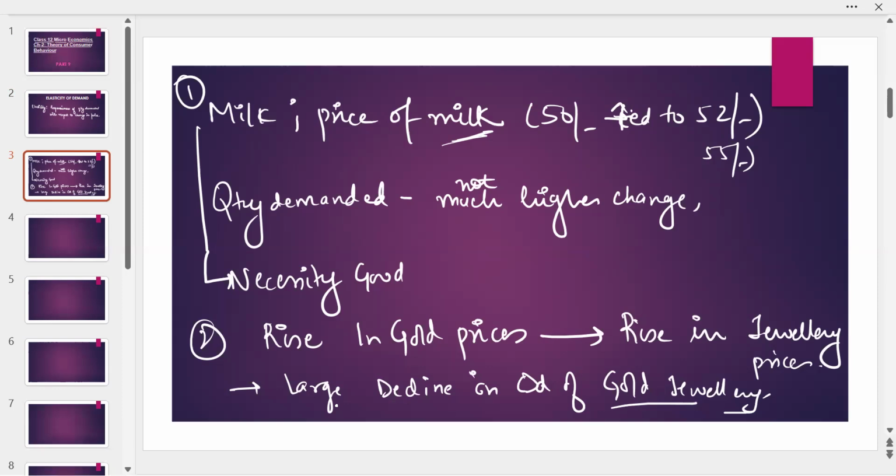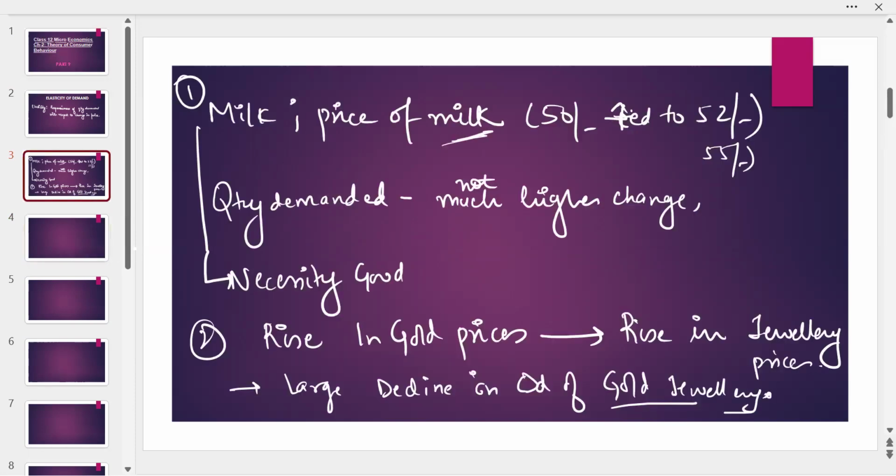The people have alternatives available for gold jewelry. They can go for artificial jewelry as well. In the market we have different forms of jewelry, just look-alike gold.